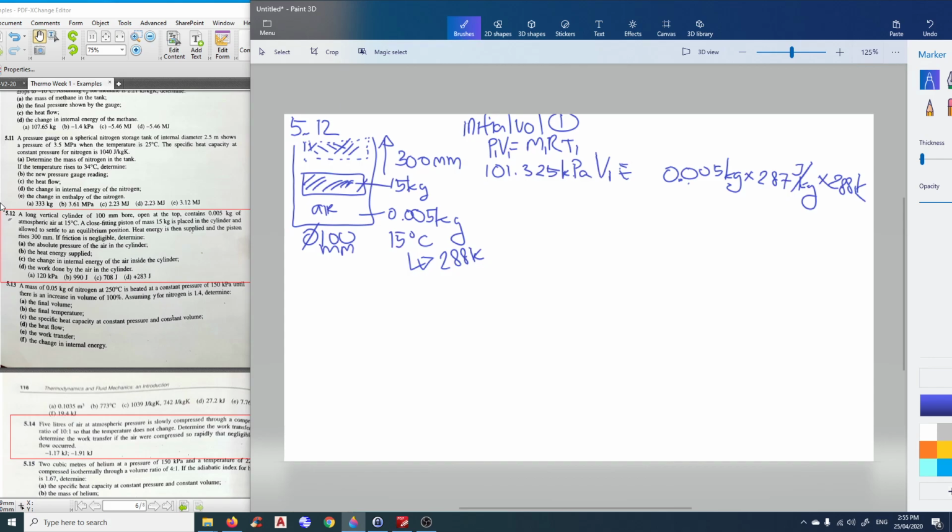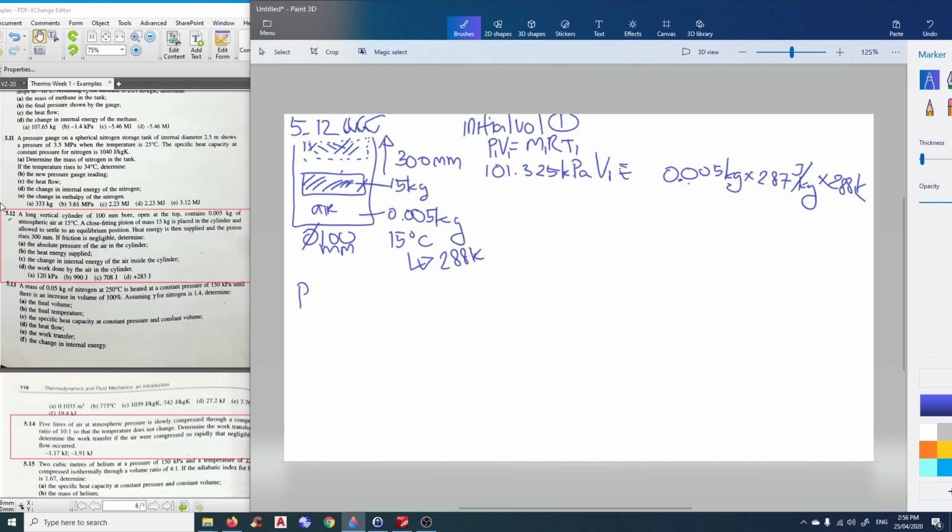Now if you look back at this pressure again, the pressure of the air here is made up of two pressures. One, the pressure due to the atmosphere, so you've got atmospheric pressure here pushing down, and you also have the pressure of the piston, right? How do you find the pressure due to the piston?